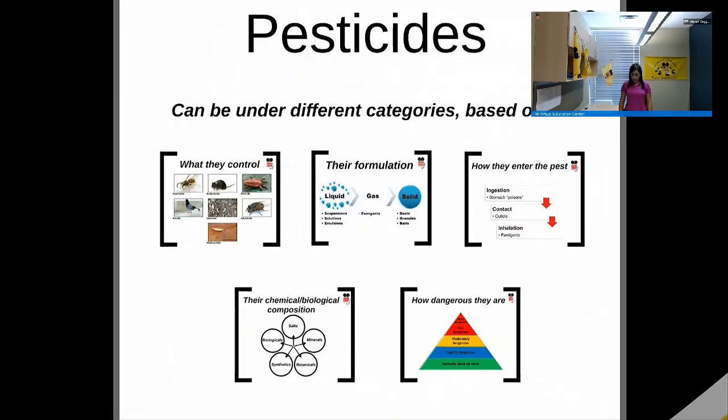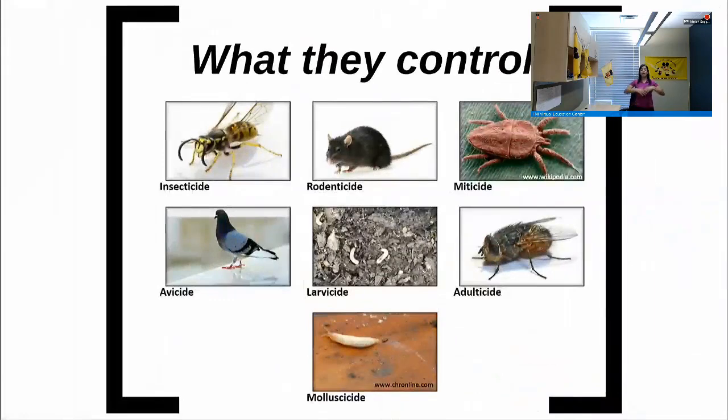So based on what they control, when I'm talking about an insecticide, that means that this pesticide was developed to kill insects. A rodenticide, to kill, control rodents, so rats, mice. Miticide, overall in urban pest control, we don't use much miticide, but just so you know, it's a product that will control mites.